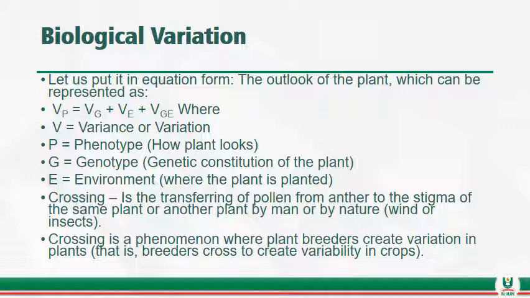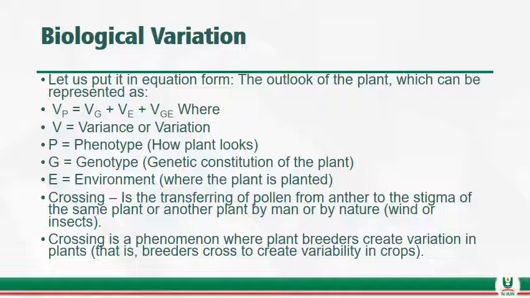So what you can see here is a function of the genes that are inside that plant, the environment where the plant is being cropped, and the combination of both the genes and the environment. So that is what this formula is saying. This VP, this phenotype is what you see, and it is due to the combination of all this.